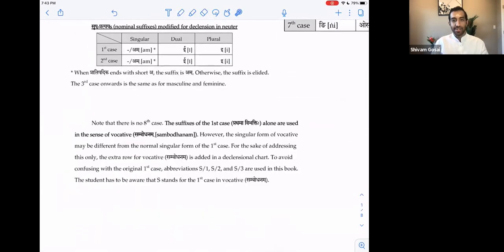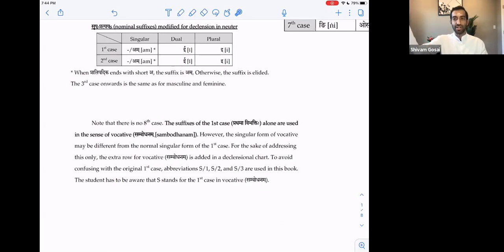This is just a reminder that there's no such thing as an eighth case. There's only 7 cases. There's no eighth case. Sometimes, in a lot of Sanskrit books, you'll see an eighth case. The reason they use that is because when we have the suffixes of the first case, when they're used in Sambodhana, they are slightly different sometimes, right?